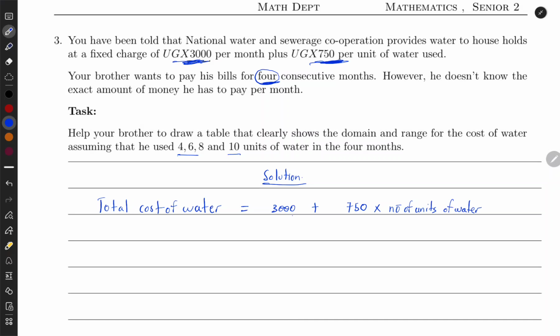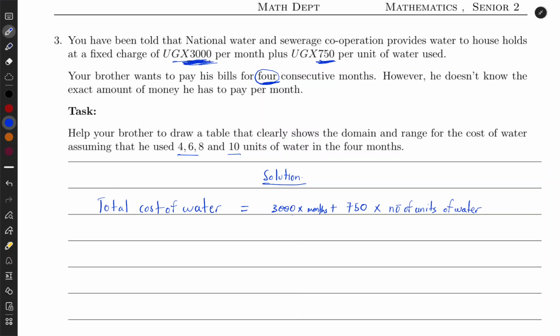Then this one is per month, times number of months. Because the 3,000 is paid per month, then on top of that you have to add the amount that you spend, the units of water that you spent.